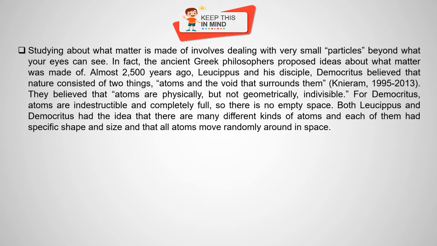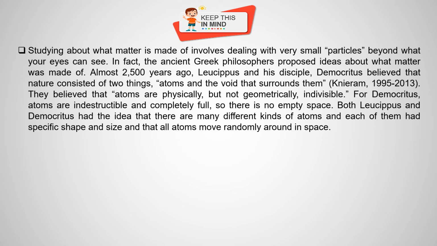In fact, the ancient Greek philosophers proposed ideas about what matter was made of. Almost 2,500 years ago, Leucippus and his disciple Democritus believed that nature consisted of 2 things: atoms and the void that surrounds them. They believed that atoms are physically but not geometrically indivisible.